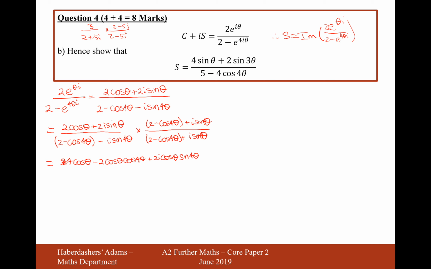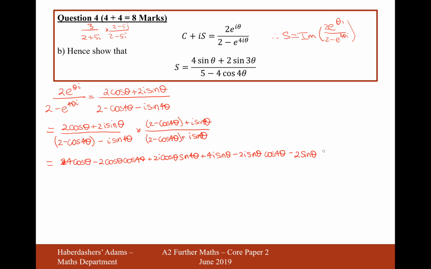The next bit is with this 2i sine theta, so plus 4i sine theta. And the next bit's going to be minus 2i sine theta cos 4 theta. And the last bit is going to be double negative, well, no, not double negative, but double i. So that's going to make it minus 2 sine theta sine 4 theta. And that's all going to be over.